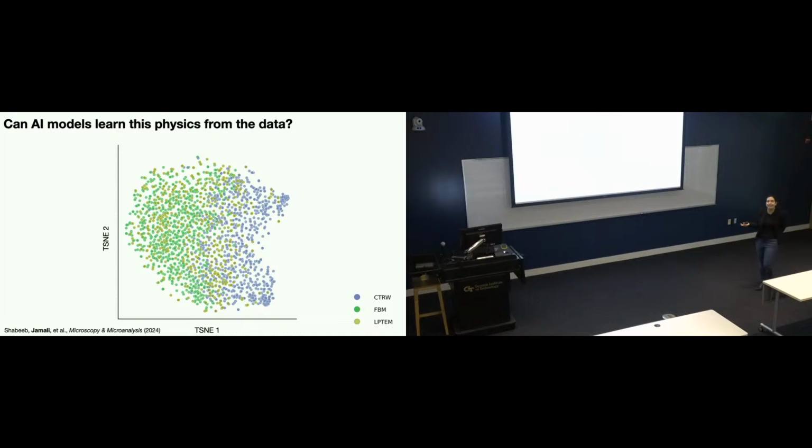So it's not really fractional Brownian motion or continuous time random walk, or simply a mixture of these two with a certain contribution from each class, but it's all over the place.